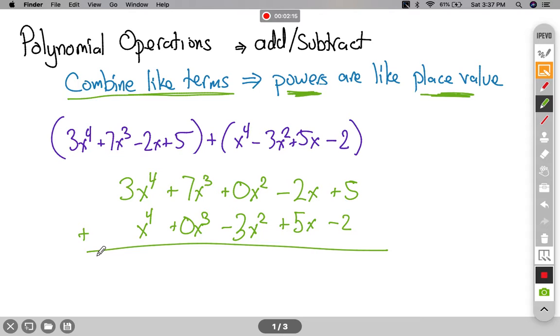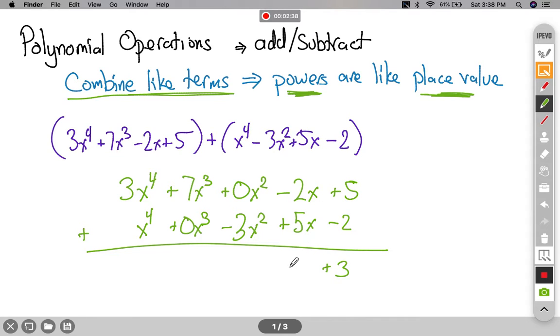Now when I'm adding, just like when I'm adding with big numbers, I just add down the common place values. The nice thing here, I don't have to worry about any carry digits because I stay within the same term. So I go 5 minus 2 is 3.